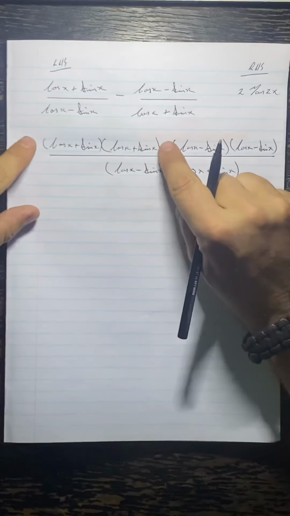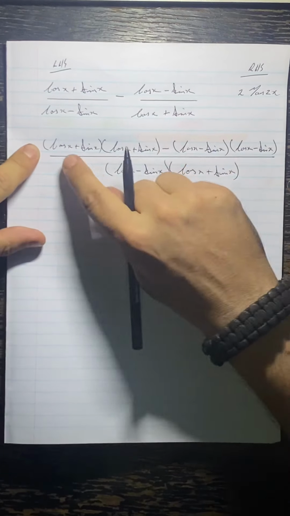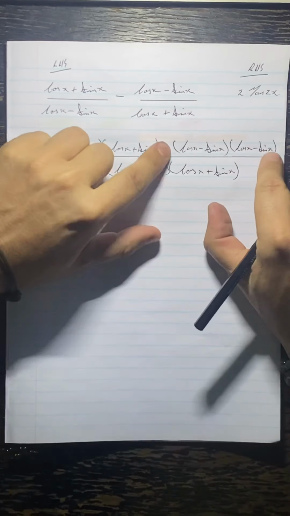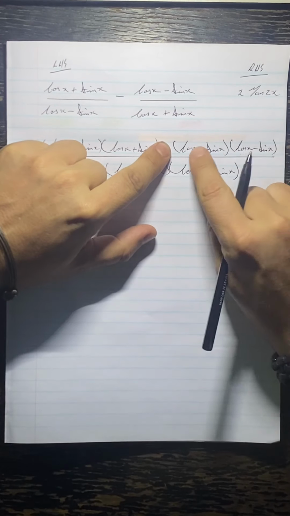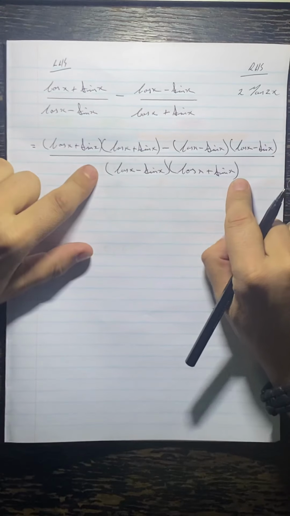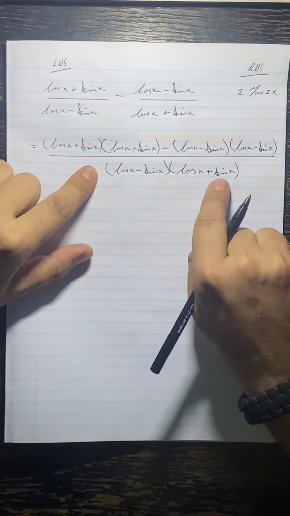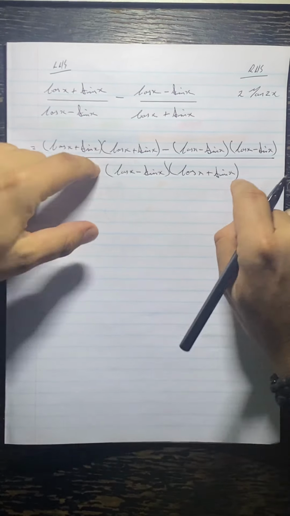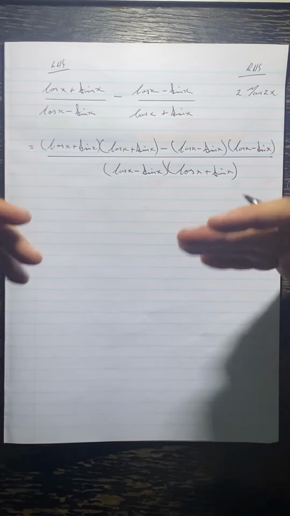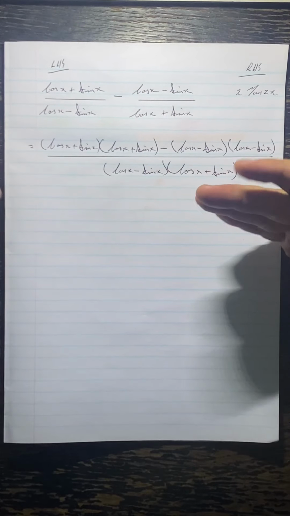Now, because I have a binomial with a binomial, we are going to FOIL. Likewise over here, and again in the denominator. Grade 12s, I'm going to skip some steps, but I'll explain as I go along.